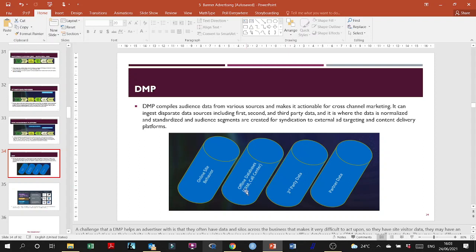Now the second party data provider is the website that crunches data on the customers, and provides it, for example, for retargeting, or for lookalike targeting or lookalike modeling.